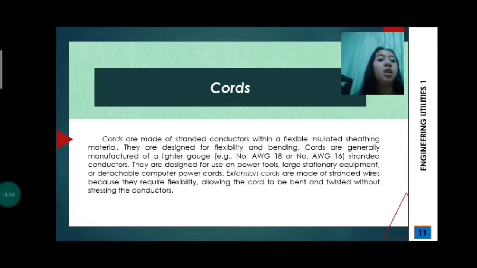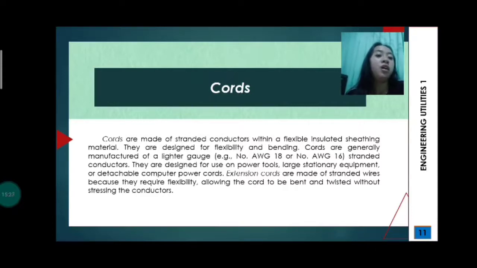Extension cords are made of stranded wires because they require flexibility, allowing the cord to be bent and twisted without stressing the conductor. So, cords are the kind of cables that is used to power tools, large stationary equipment, and detachable computer cords.